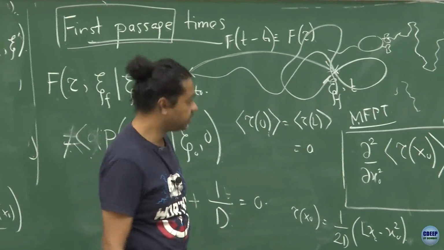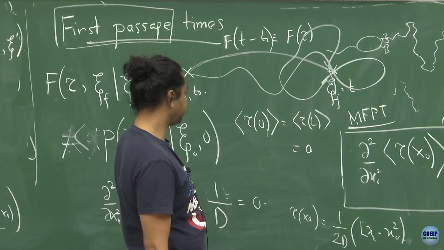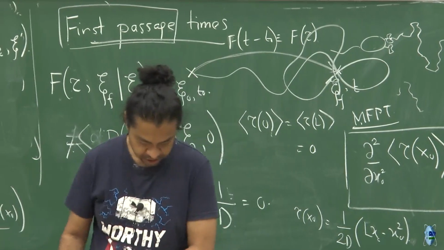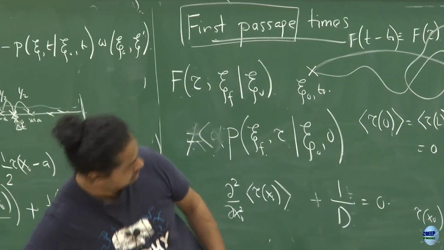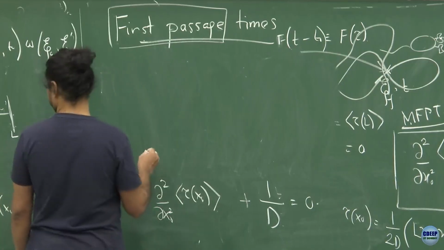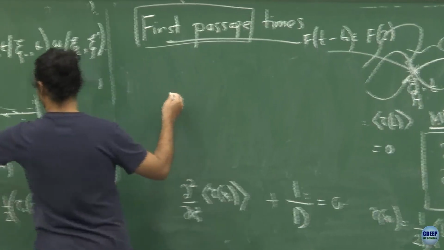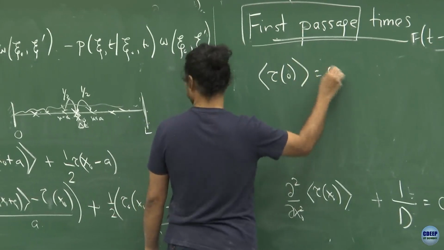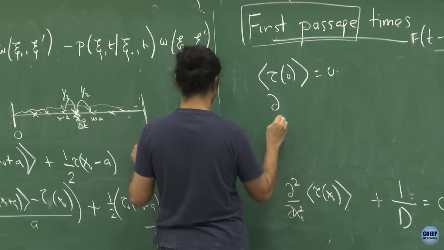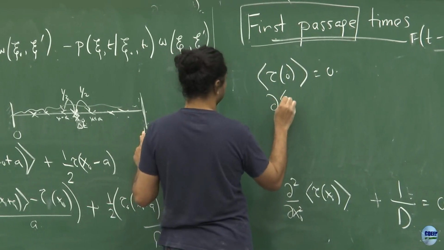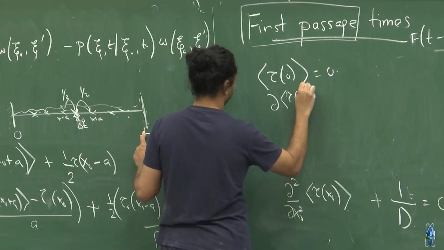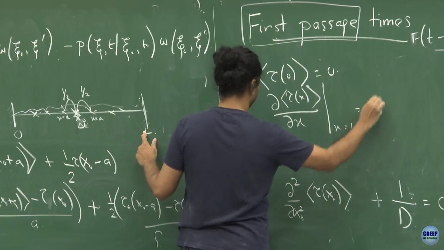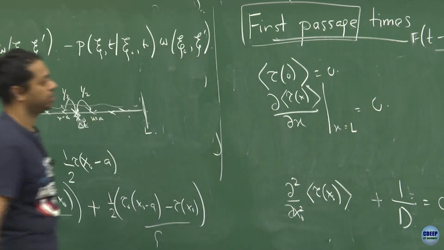On the other hand, for example, if you were to say that my one end is reflecting and the other end is absorbing. So, for example, let us say this left end is absorbing, so mean time from 0 is 0, and this right end is reflecting, which means that del tau of x by del x at x equal to L is 0. Okay.